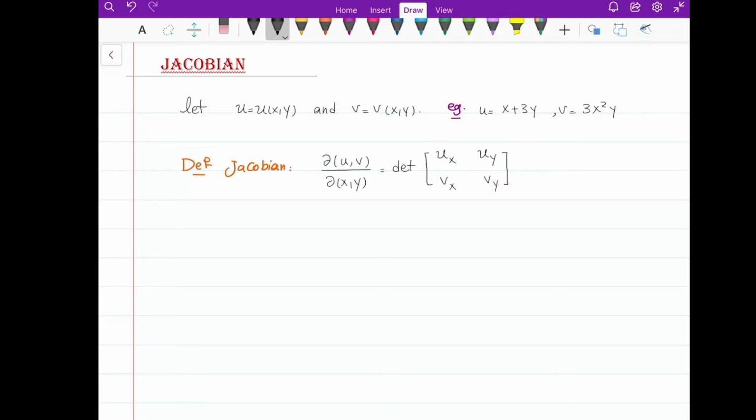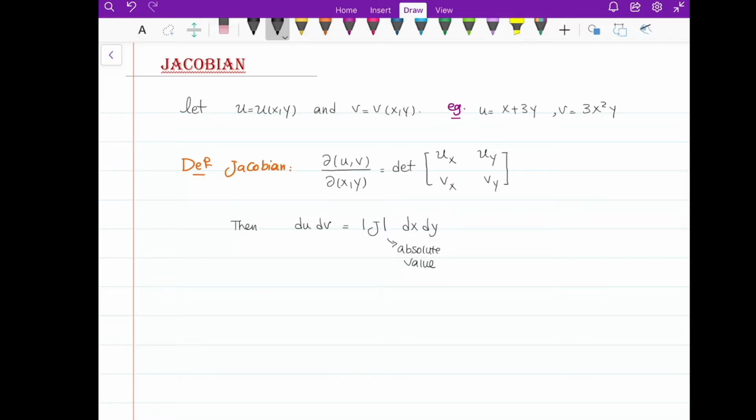The Jacobian is very important. Why? It's just because if we have a double integral and inside the double integral we change the variables x and y into u and v using this transformation, for example, then du dv, the area element of the transformation in u and v, would be the absolute value of the Jacobian, and then dx dy.